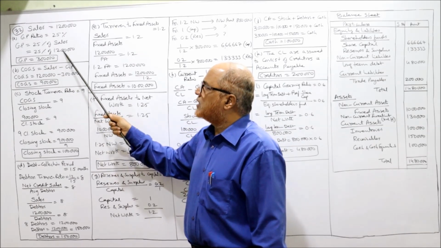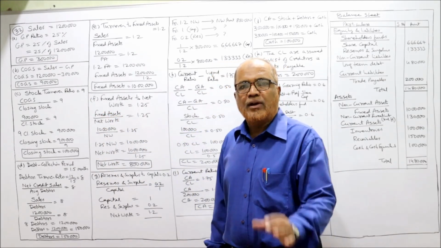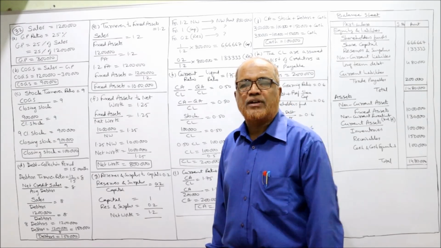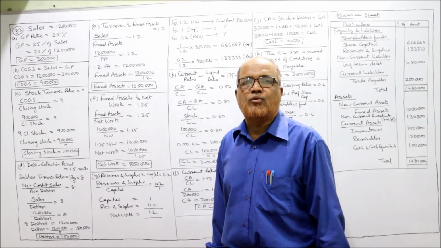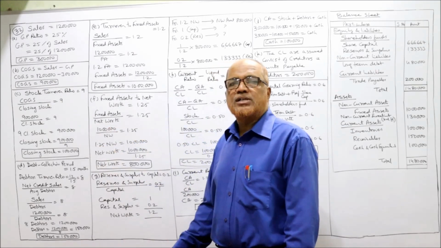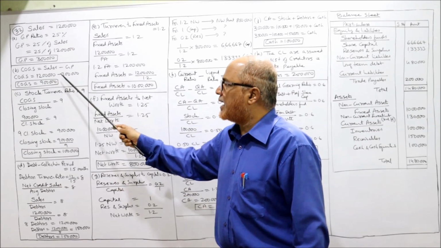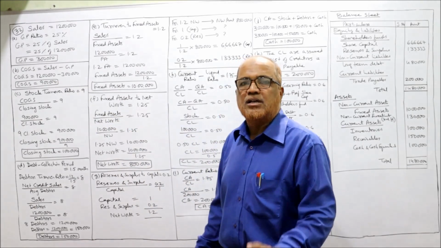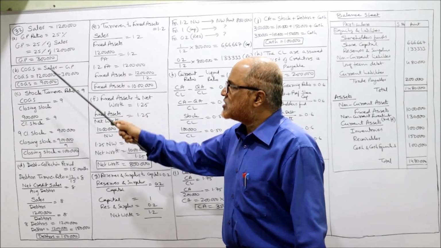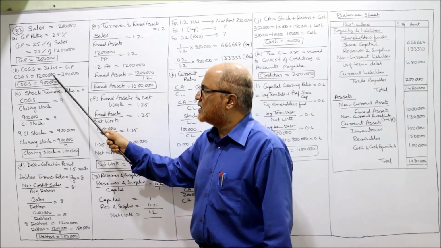So 25% of 12 lakh, 3 lakh rupees is the gross profit. We got the sales, we got the gross profit. Easily we can find out the cost of goods sold, COGS. The formula for COGS: sales minus gross profit, 12 lakh minus 3 lakh, 9 lakh rupees is the COGS.